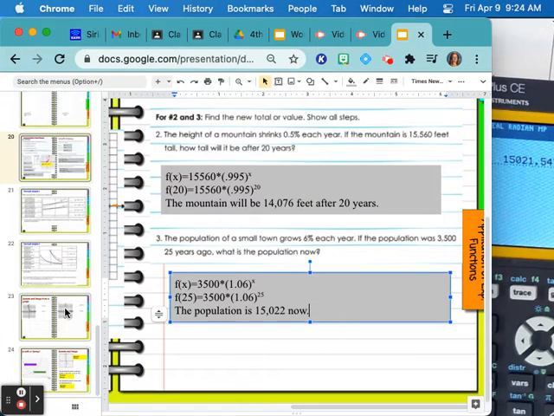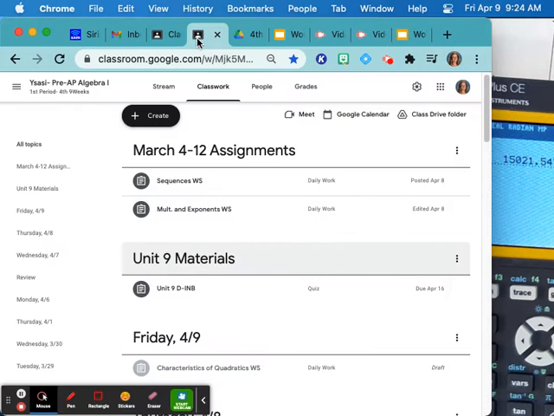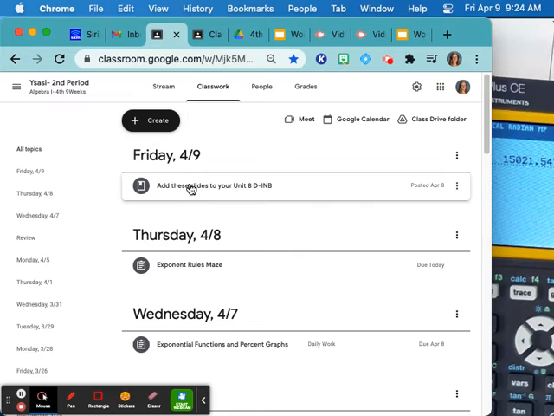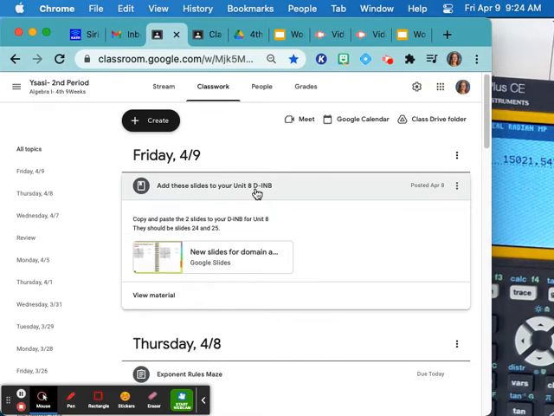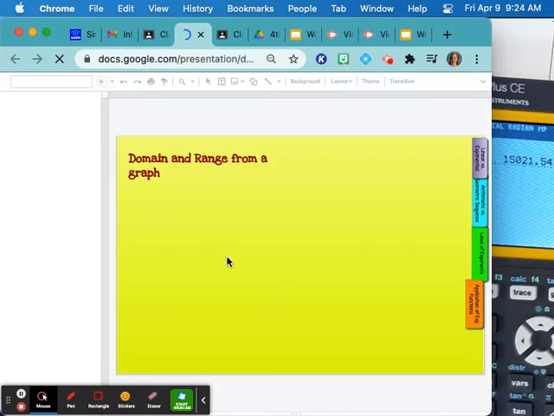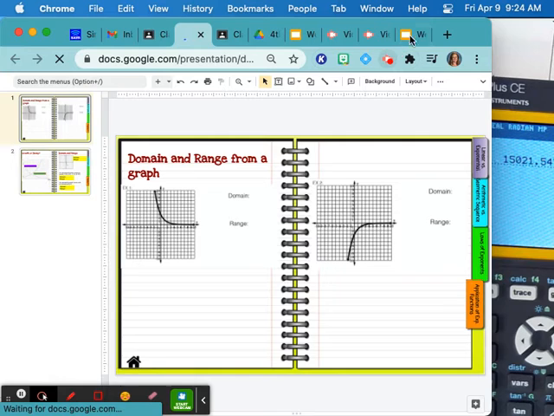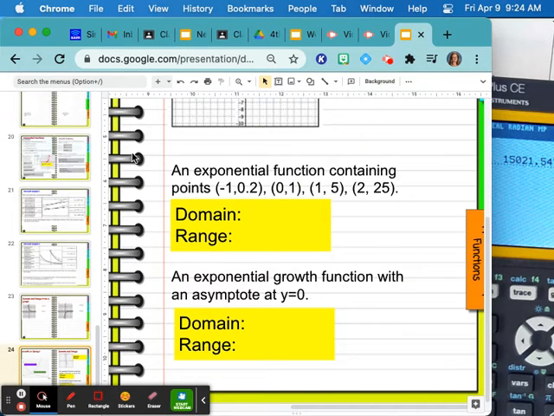Okay, one last thing I need y'all to do is copy and paste these slides that are on Google Classroom. It says add these slides to your Unit 8. So click right here on Google Classroom. Copy these 2 slides and insert it at the end of your digital interactive notebook.